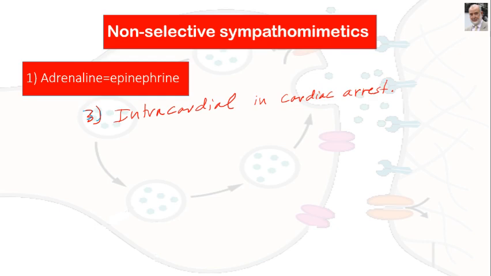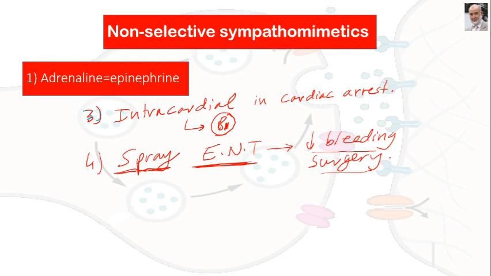Why? Because intracardially it will act on beta-1 receptors in the heart, and by acting on beta-1 receptors it will stimulate cardiac activity. The fourth use of adrenaline is as a spray in ENT surgery to reduce bleeding during surgery.